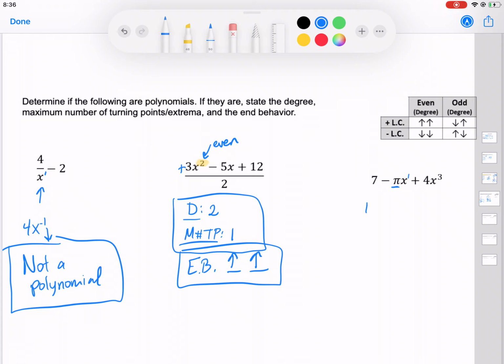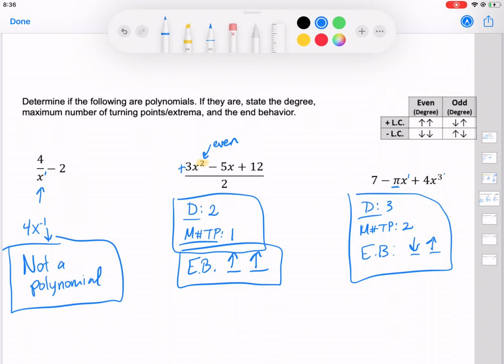So our degree is our highest exponent, which is 3, which means our maximum number of turning points is 2. And then end behavior, since the leading coefficient is positive, the arrow is going to go up. Since the degree is odd, they're going to switch directions just like a cubic, so it'll be down, up.